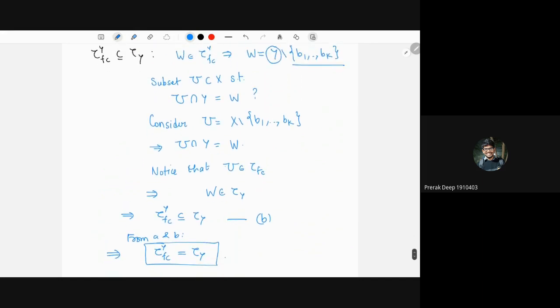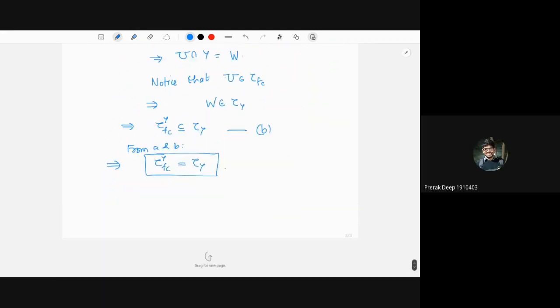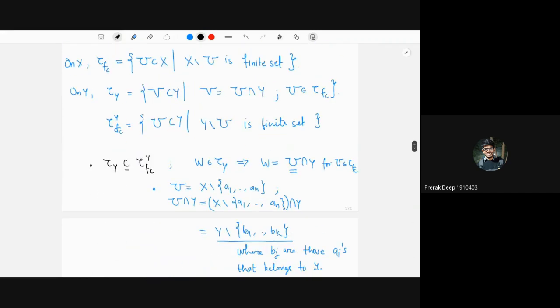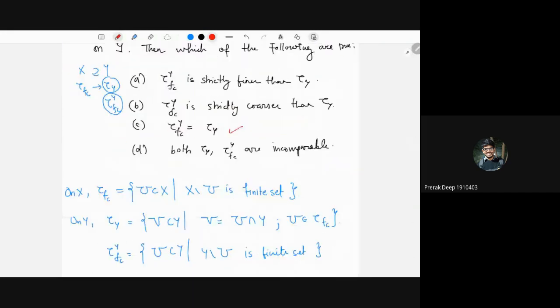Is this argument fine? Yes, sir. Good. Okay. Now let us look at another question. So this means that option C is true in this case, that both are equal.